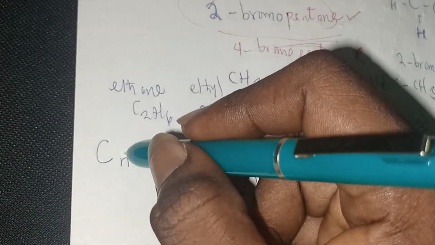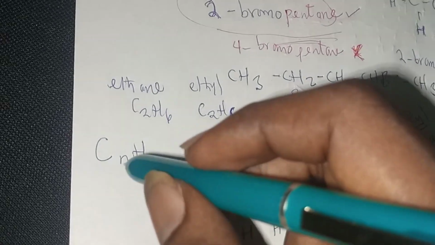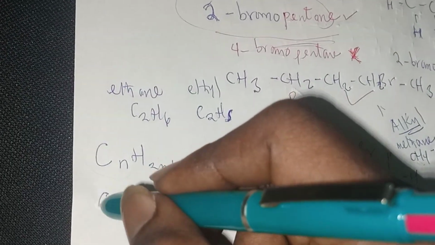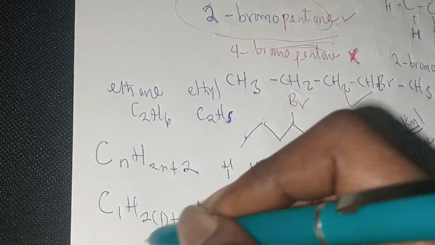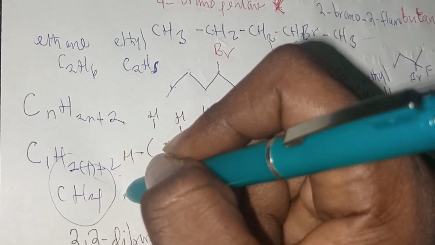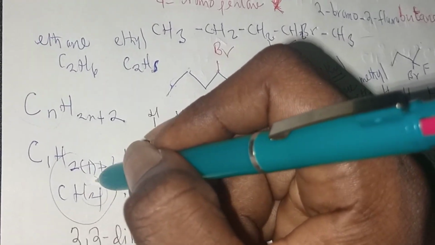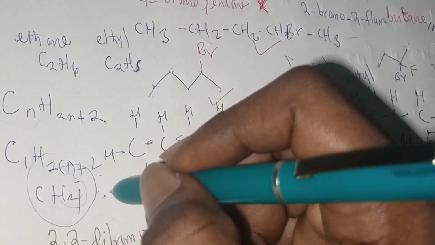So if we want the name for an alkane that has only one carbon, that's simply going to be C1H(2 plus 2), H2 plus 2 is what? 4. So this is methane. But methane losing one hydrogen to form a bond or act as a substituent is going to be methyl.